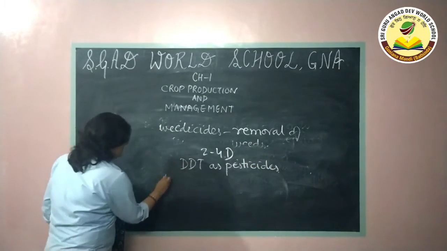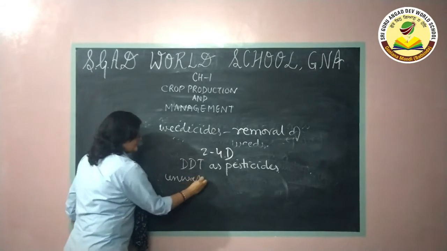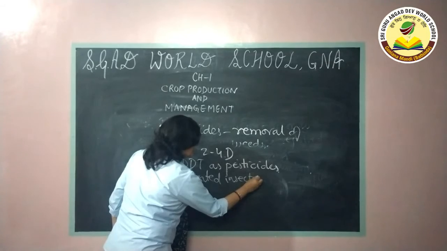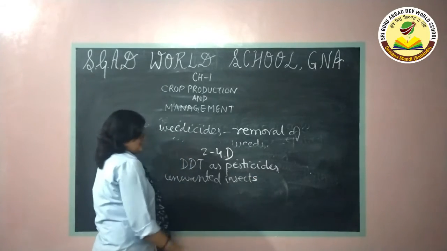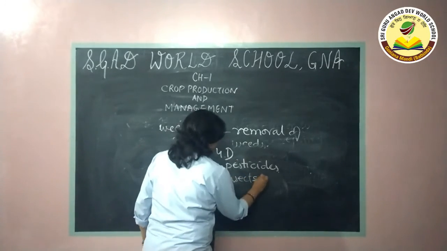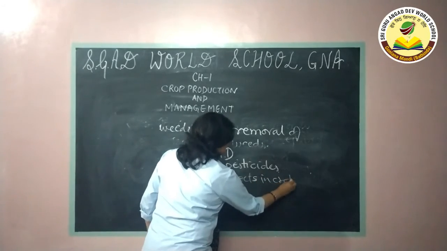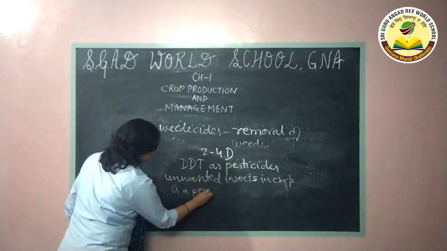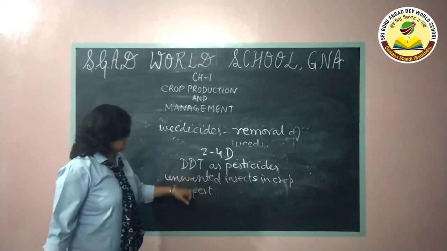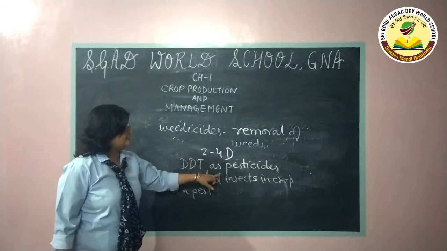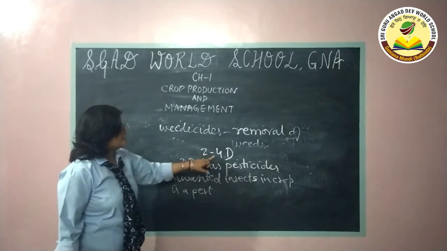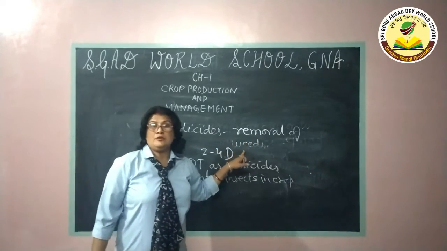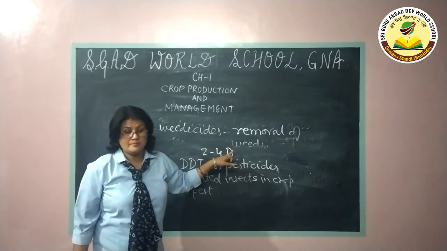So unwanted insects in a crop are called pests. To kill these insects, we use DDT as a pesticide, and 2,4-D we use as a weedicide, that is, removal of a weed from the main crop land.